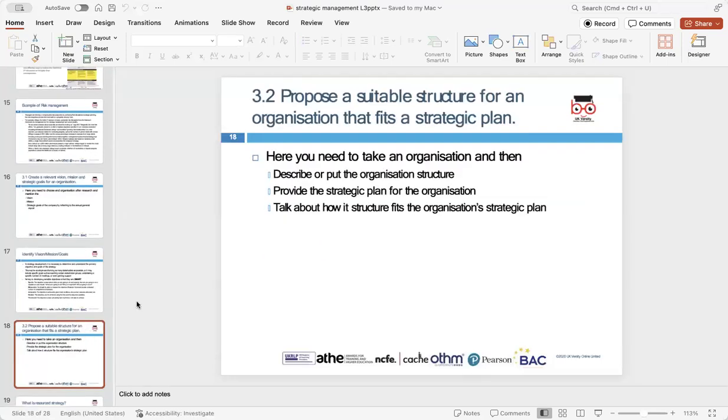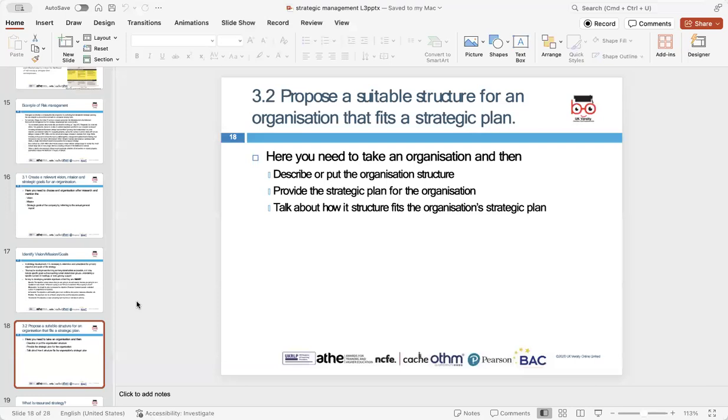The purpose is to find a suitable structure for an organization that fits its strategic plan. An organization always has a unique structure that supports its strategic plan. The strategic plan typically reflects how the organization is organized in terms of departments, roles, and responsibilities.